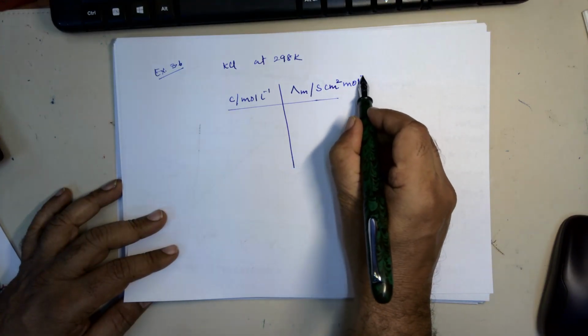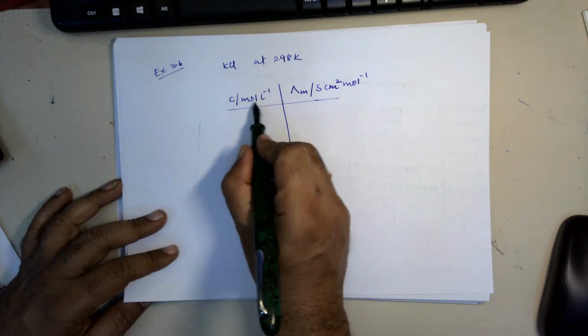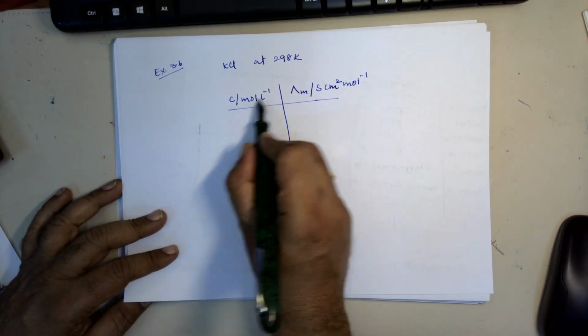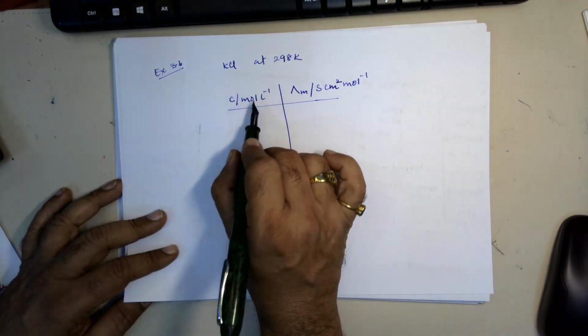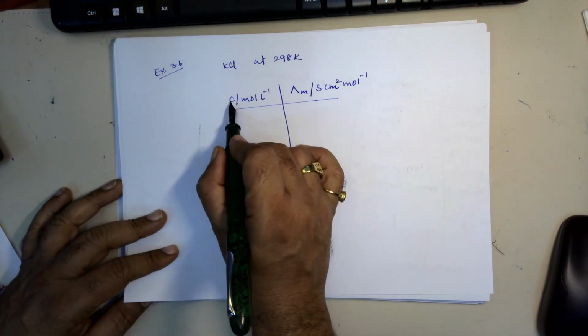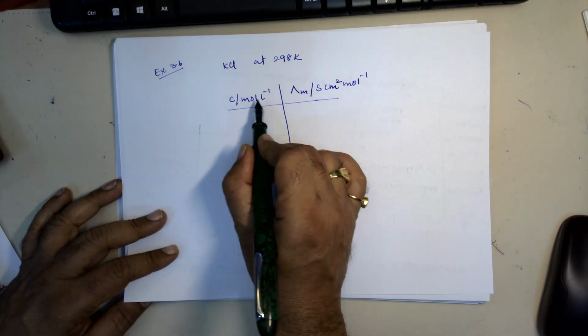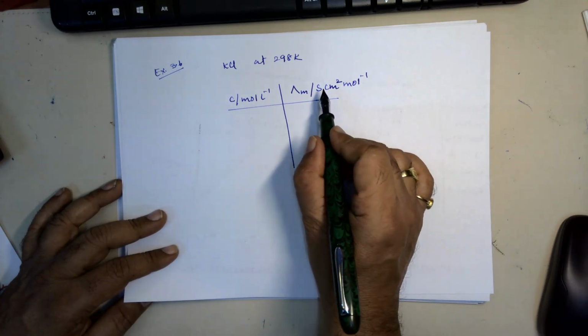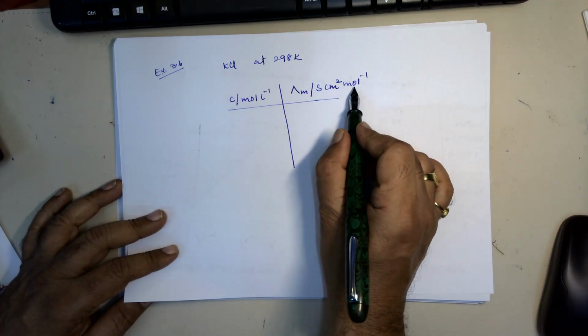Instead of putting the unit within brackets, they have put the slash; in your book it should be taken as within brackets. So this is the concentration in mole per liter, and this is the molar conductivity in Siemens square centimeter mole inverse.